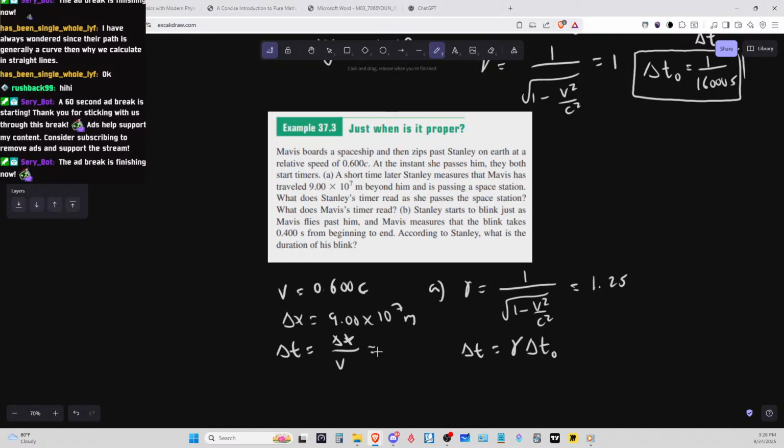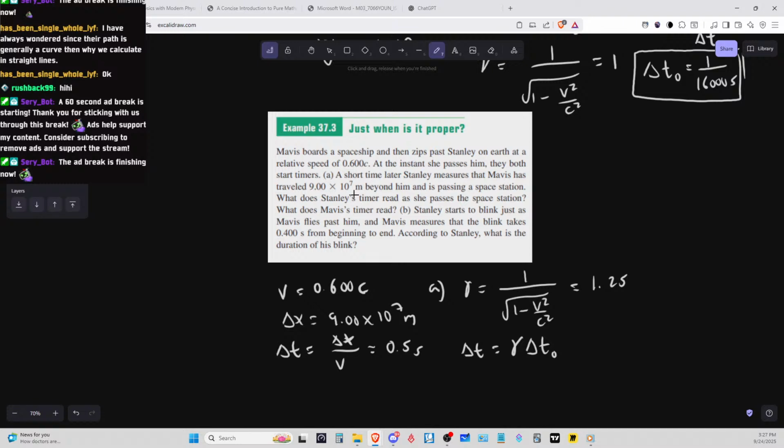So let's actually calculate that. 9.0 times 10 to the 7 divided by 0.600 times 3 times 10 to the 8th power. So that's half a second. Wow. Okay.